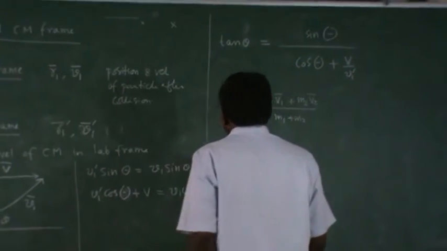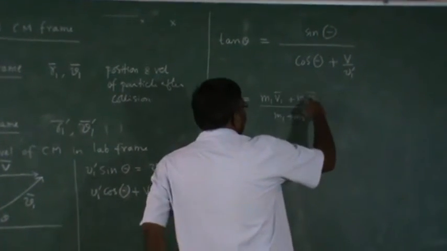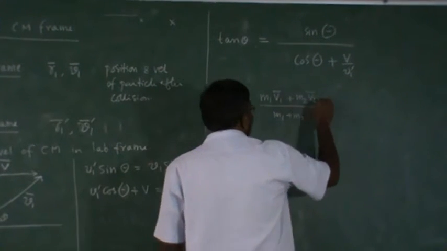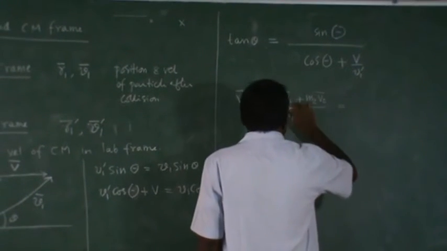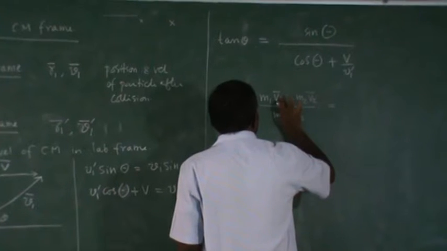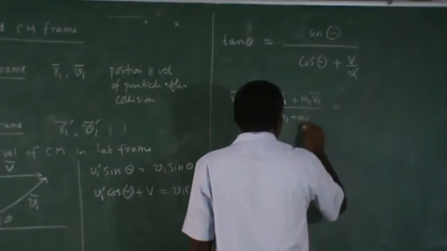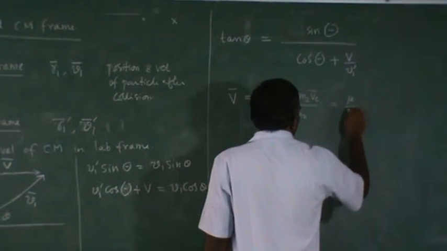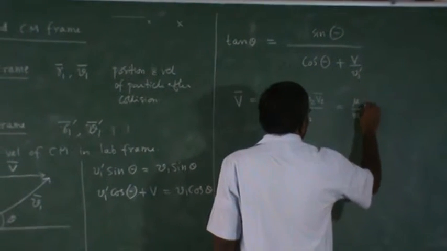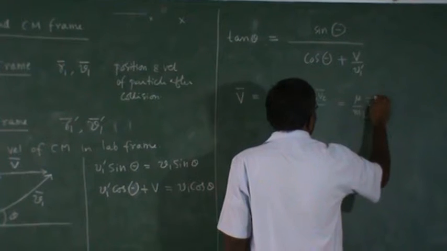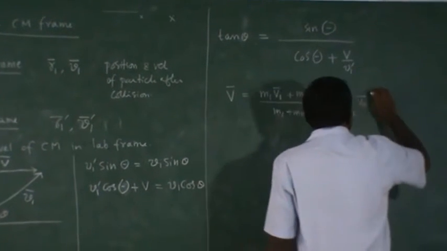Before collision, the second particle doesn't have any velocity, so this is 0. So let me call the initial velocity V0. M1 by M1 plus M2 is nothing but mu by M2, into V0. What is V0?